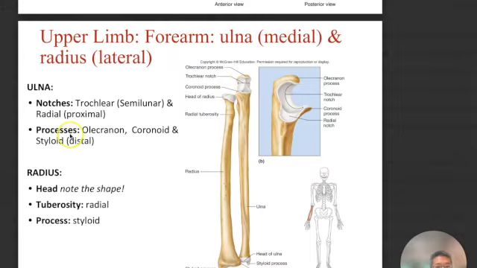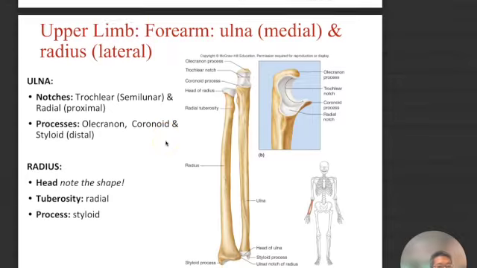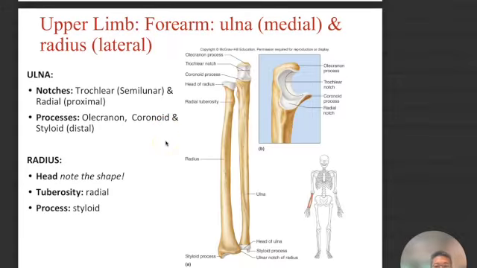So for processes, we have the olecranon process and the coronoid process. Again, don't confuse that with the coracoid process. Remember, we have another coronoid in the jaw.